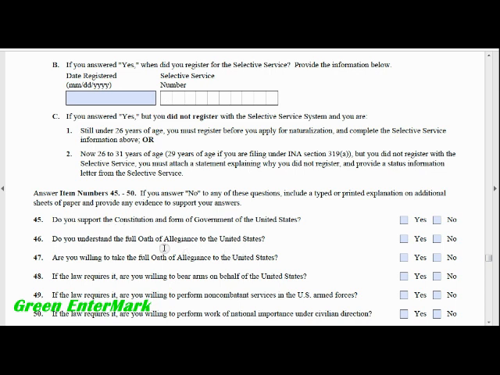Do you understand the full oath of allegiance to the United States? Are you willing to take the full oath of allegiance to the United States? If the law requires it, are you willing to bear arms on behalf of the United States? If the law requires it, are you willing to perform noncombatant services in the U.S. Armed Forces?